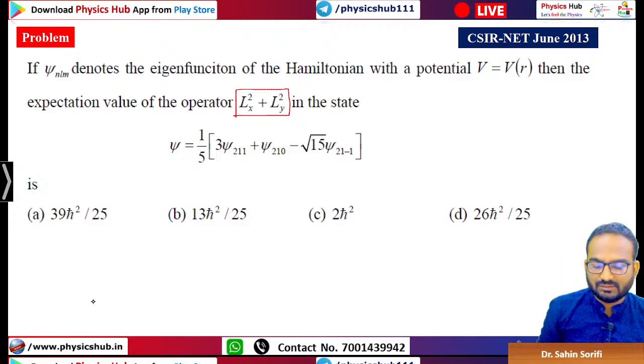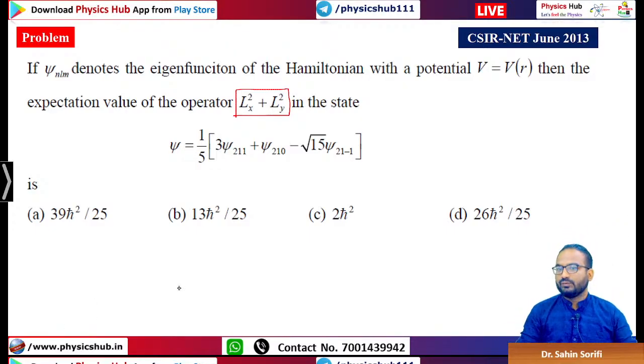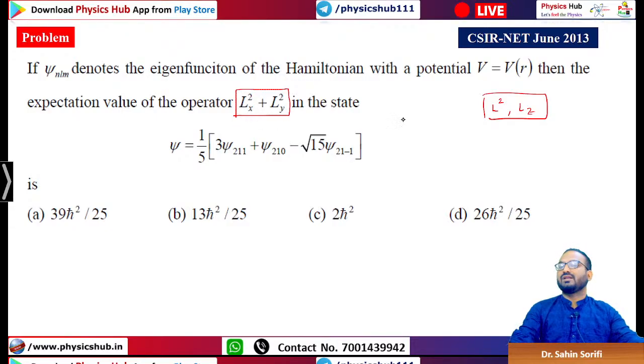Lx square plus Ly square. So we only know about L square and Lz. If you are being asked about Lx square plus Ly square, we'll just convert it in terms of L square and Lz. You know L square is equal to Lx square plus Ly square plus Lz square.